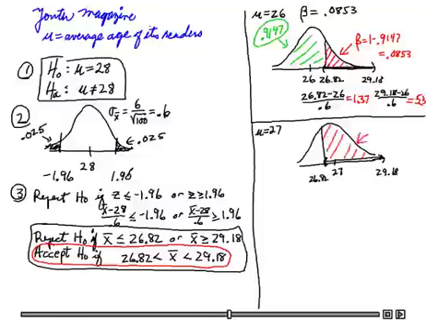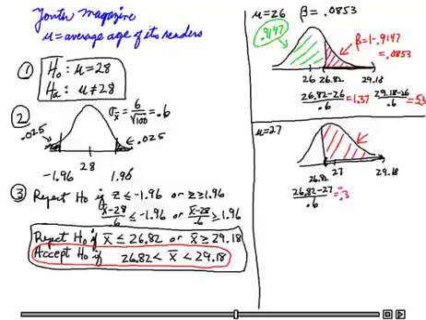And to find that, I'm going to have to calculate z values for the 26.82. This time, where the center is at 27, I get a value of negative 0.3.